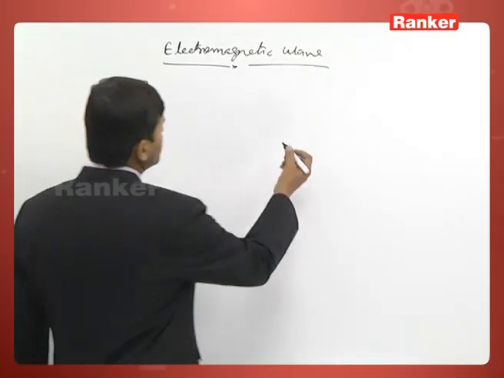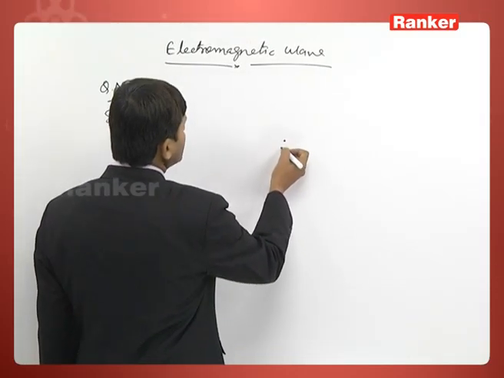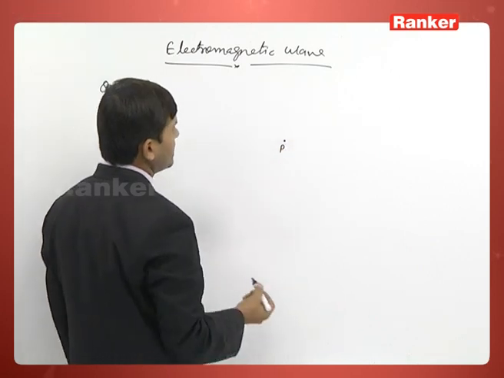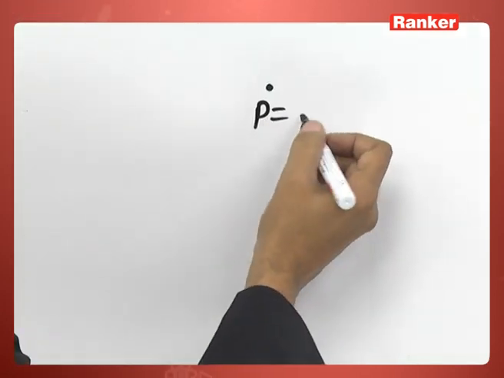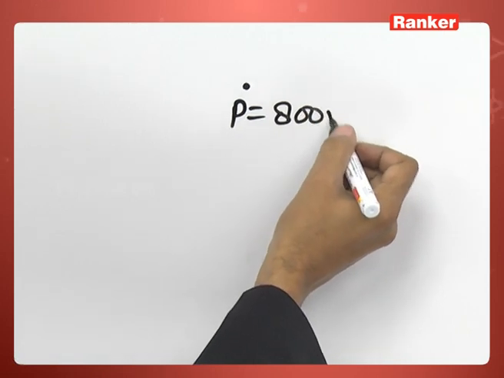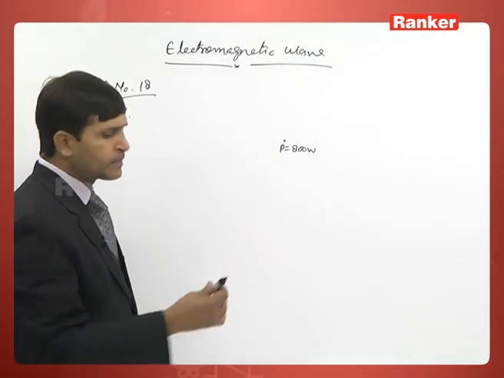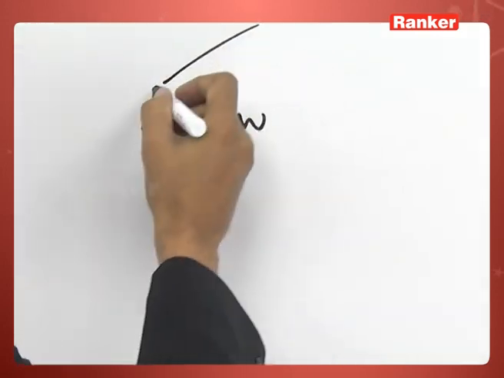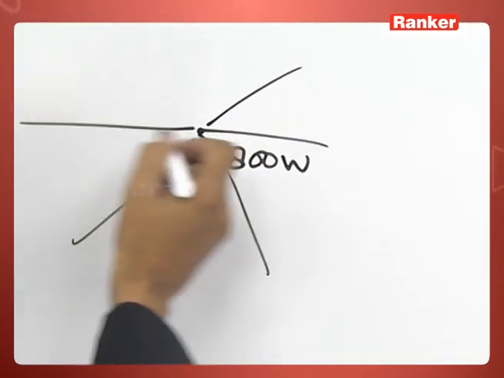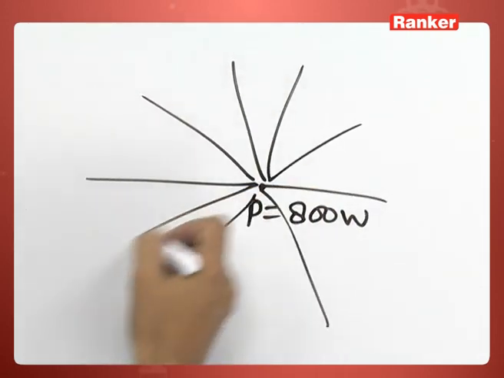So as per the question here, the point source is written like this, P, and it has power 800 watt. And this point source is emitting radiation in all directions.